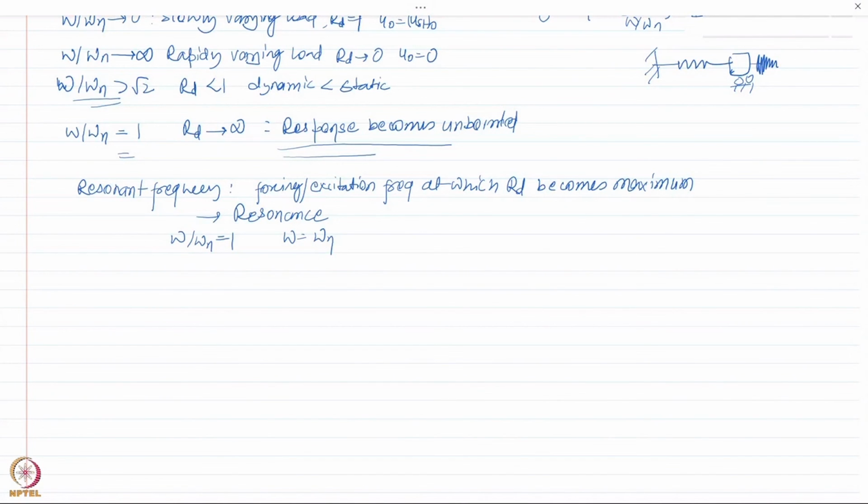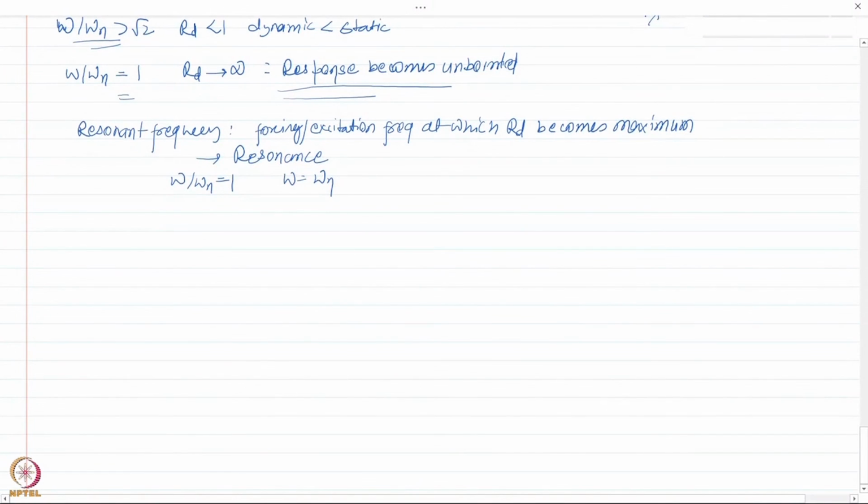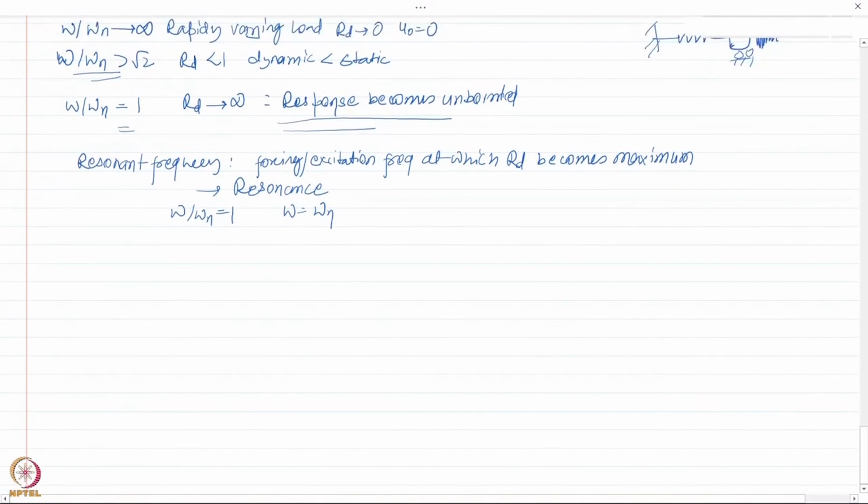When this happens, at this point, the solution that we have obtained for u(t) is not valid anymore, and we need to obtain a new solution. So the solution that we had obtained for our equation of motion is not valid anymore, only at this point. It was valid at all other points. So we develop a new solution.